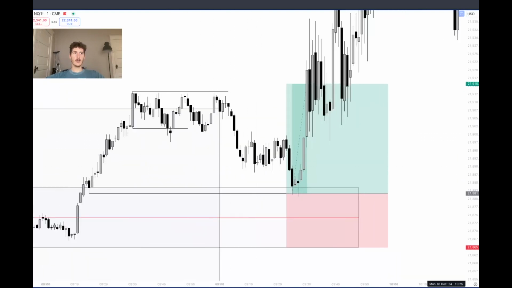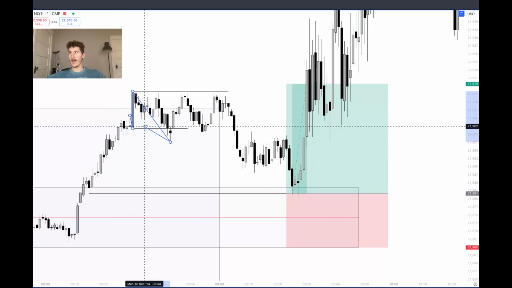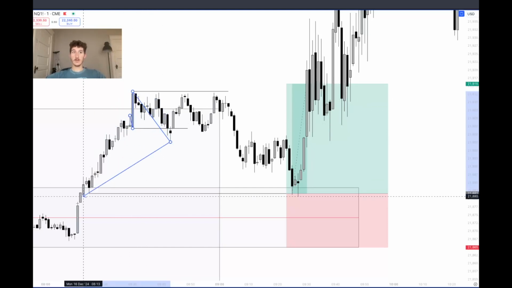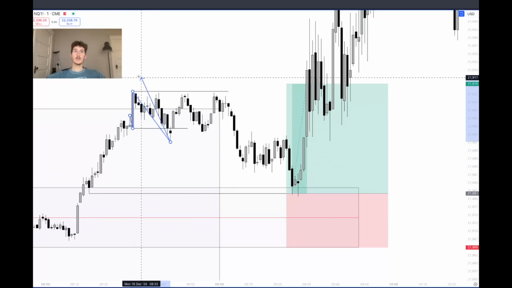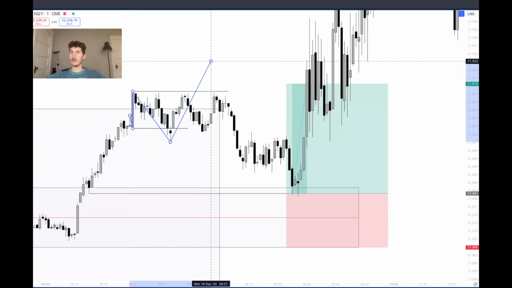Look at the fractality of this. We have a high, a low, a high, and then this is our flip down on the 5 second. This is our valid pullback on the 1 minute, the first time we get a valid pullback in this entire leg. So this is what we would need to close above to make a swing. We don't close above it, so we don't make a swing.